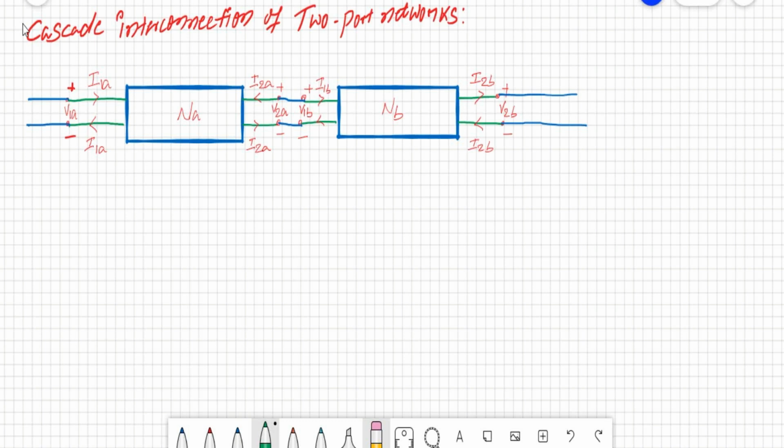Here you are going to have voltage V1 and current I1, and here the voltage V2 and the current I2. So this is the notation.